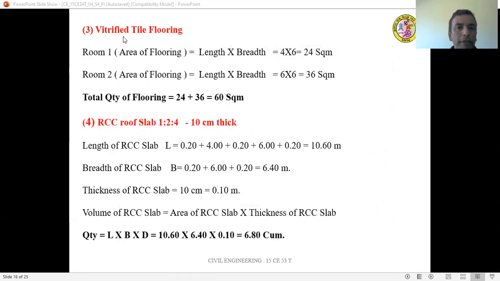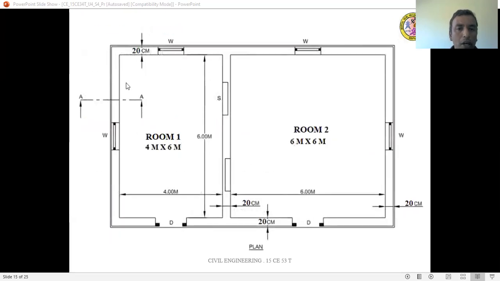Next, you have to find out the vitrified tile flooring. Here, you have to find the area of the flooring for the particular picture. This is room 1. First, you find the area of the room by knowing the dimensions of 4 meter by 6 meter. Second, you calculate the area of room 2, 6 meter by 6 meter.